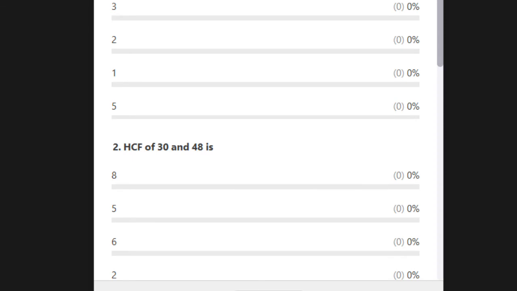The second question is HCF of 30 and 48 is dash. The highest common factor. So this can be done 2 ways. By the tables, if I know tables, or take out your notebook, take out your pen, and factorize the numbers and find out the HCF.